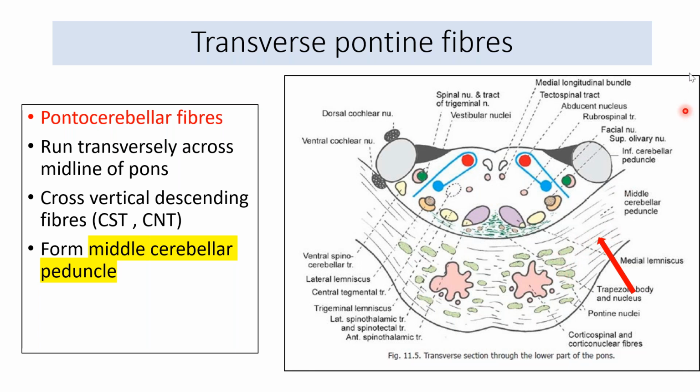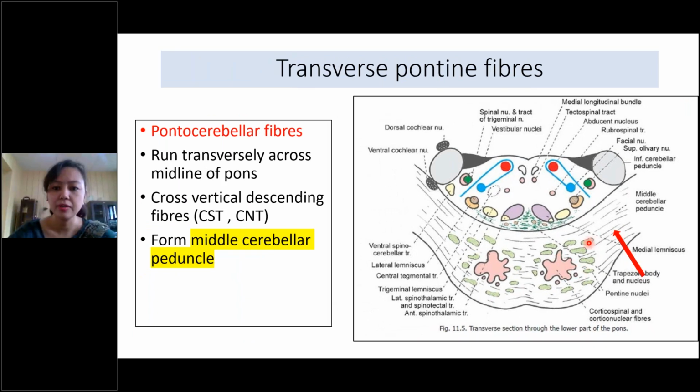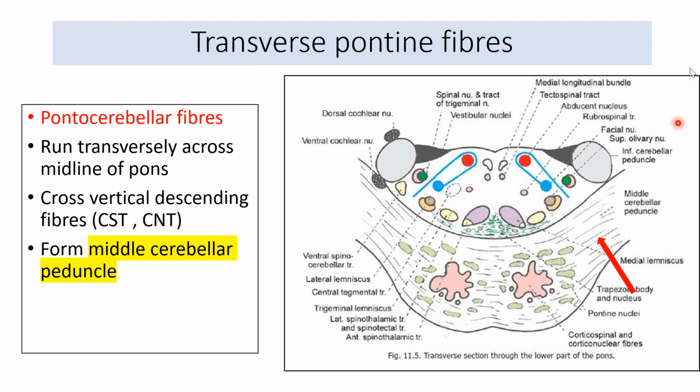If the fibers of the corticospinal tract are running vertically, the transverse fibers will cross them perpendicularly and go towards the cerebellum. They are perpendicular to both tracts at the level of the pons, and they create the middle cerebellar peduncle going to the level of the cerebellum.